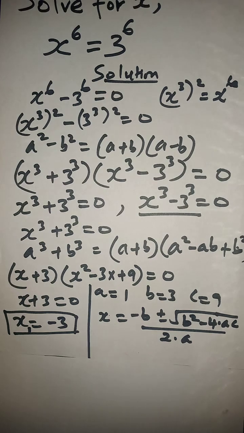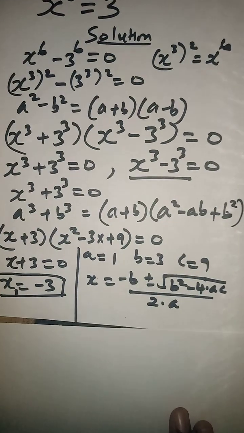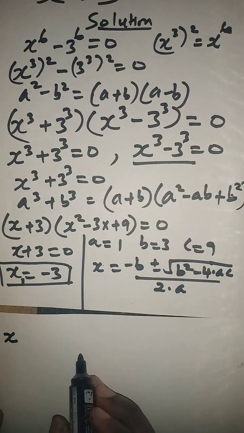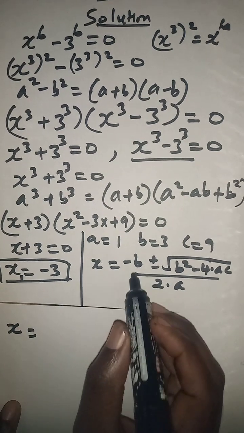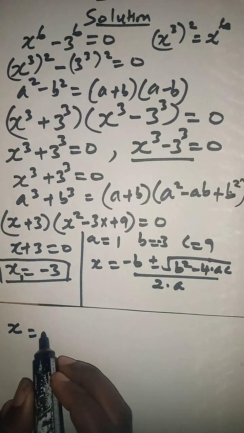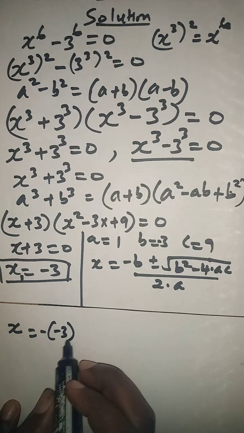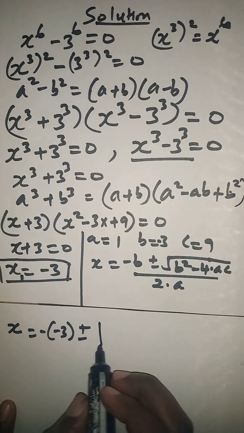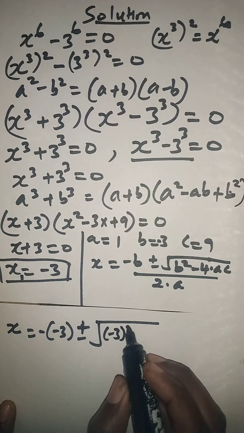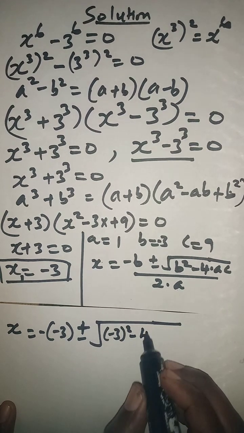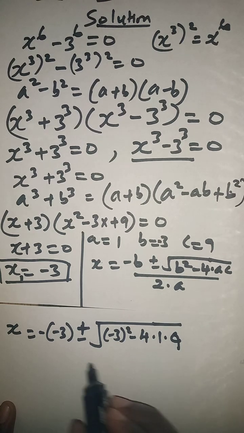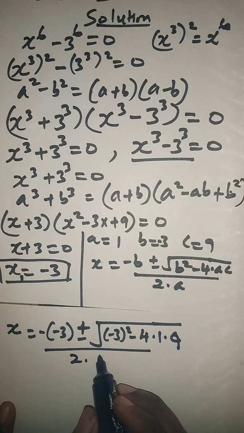Now my values of x become negative of b. Of course my b is negative here, so I'm going to have negative of negative 3 plus or minus the square root of b squared, that is negative 3 squared, minus 4 times a times c. c is 9. Everything over 2 times a.